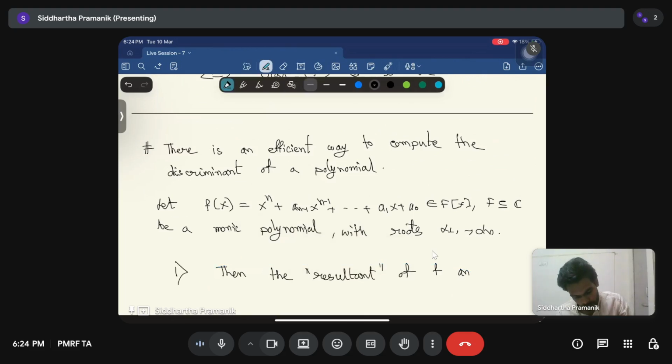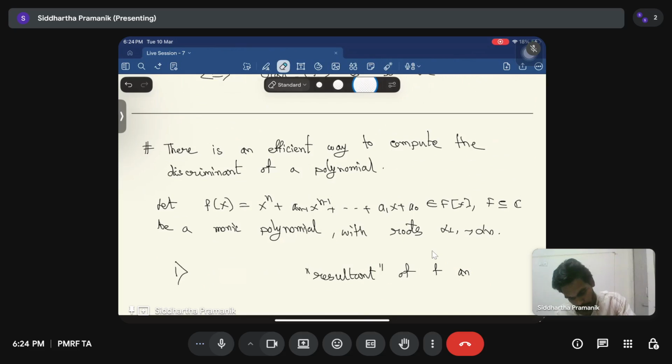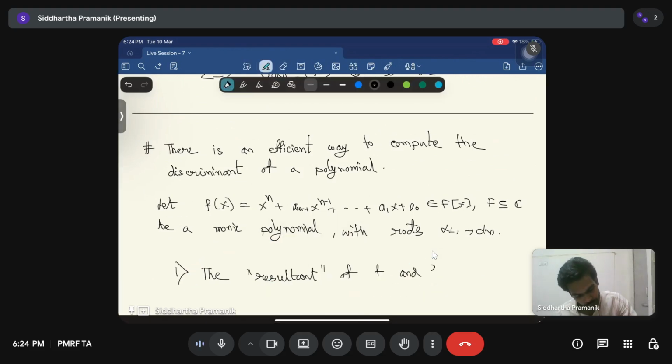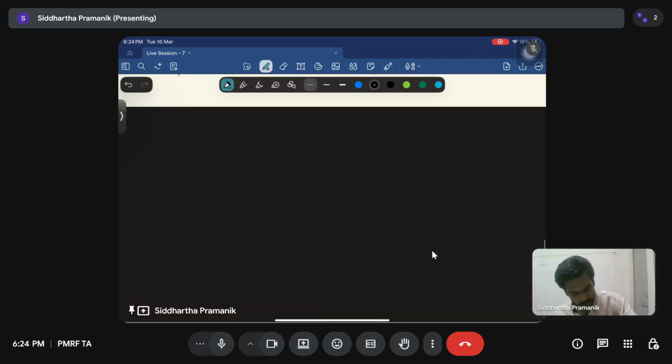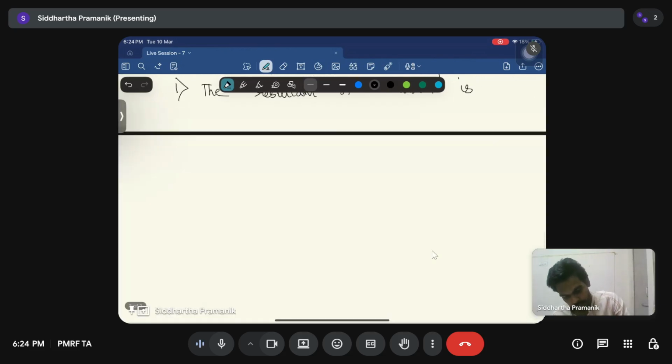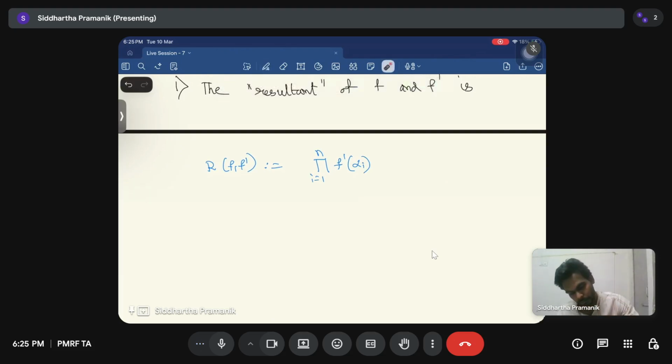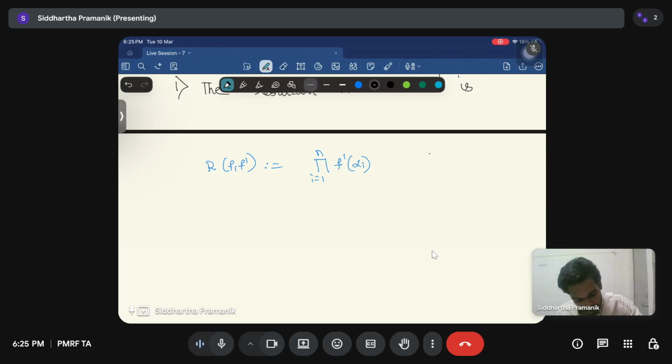So the first thing: the resultant of f and f prime is basically denoted as R(f, f prime), and it is the product of f dash, the formal derivative, at the roots, from i equals 1 to n. So f dash is the formal derivative.